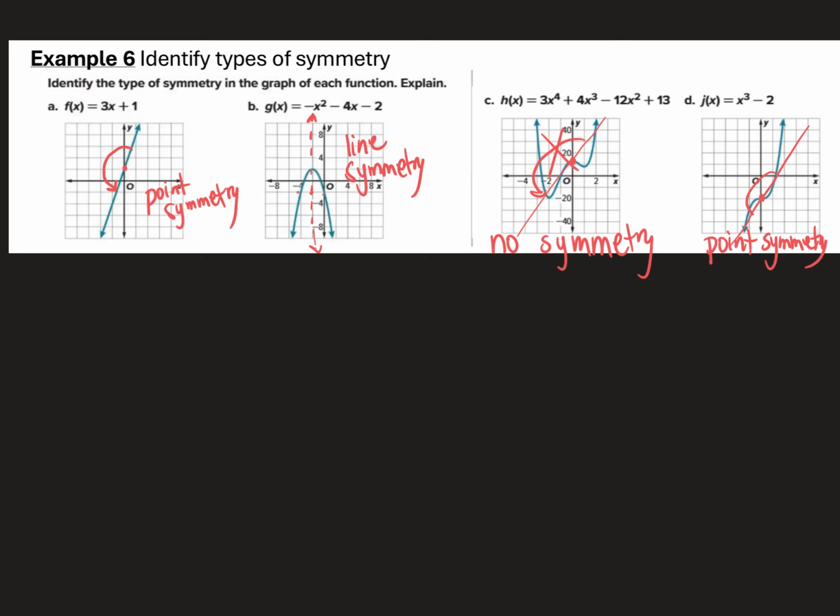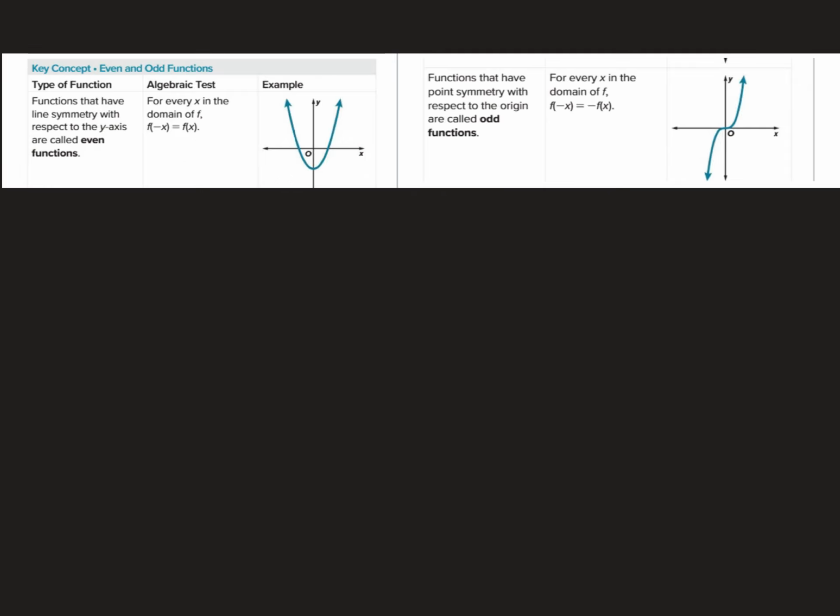Moving on to example 7. Actually, no, I'm not going on to example 7 yet. We're going to talk about types of functions, even functions and odd functions. That's what we're going to do first. So, an even function.